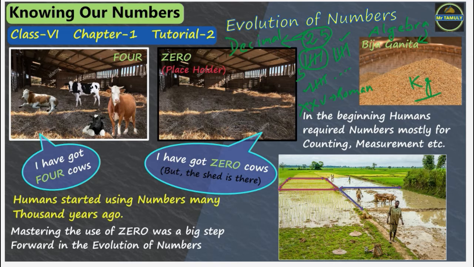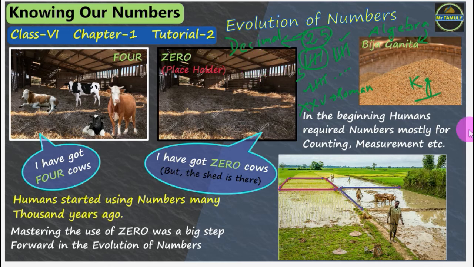In the first image, there are 4 cows in a cowshed. We are therefore naming this image as 4. In the second image, the cowshed is empty. So we are naming this image as 0. So 0 in mathematics or in number system does not mean absolute vacuum.